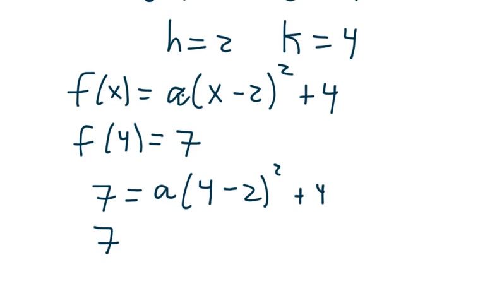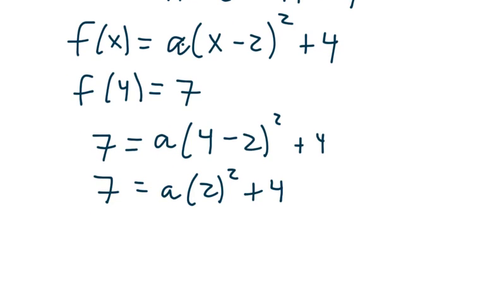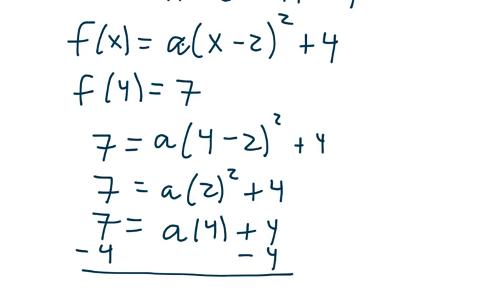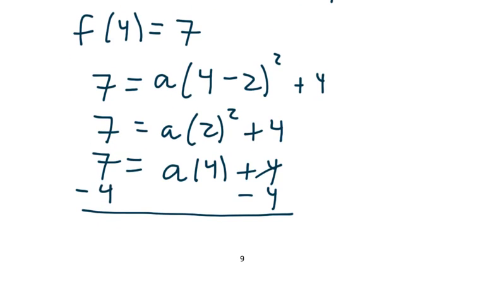Let's see if this will help us. 7 is going to be a times 4 minus 2 squared plus 4. What is this going to be? Well, 2 squared we know is 4, so we get a times 4 plus 4, and 7 is equal to that. Well, let's subtract. Again, we're solving for a. These cancel.